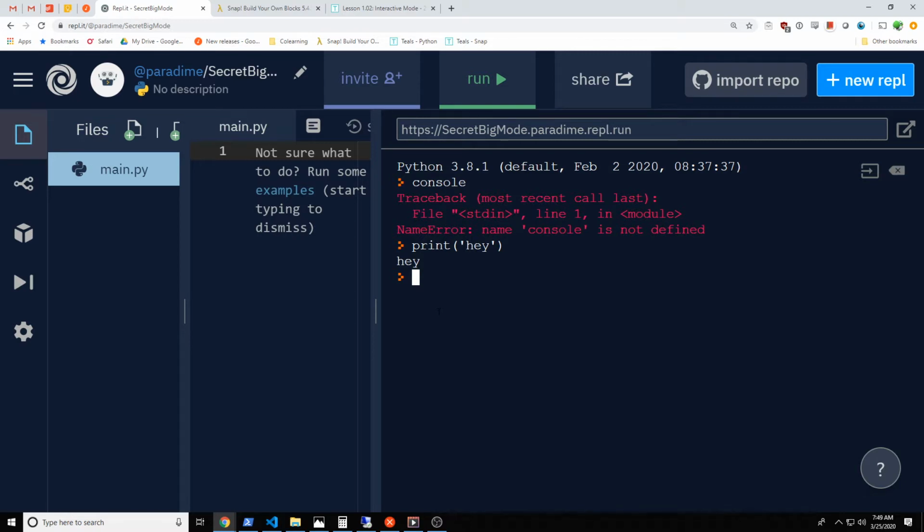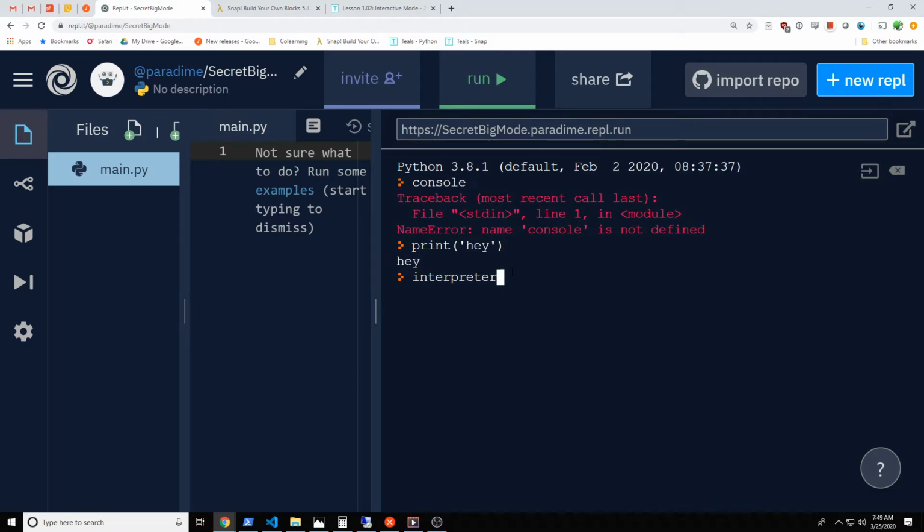So what actually understands this code and knows to put the word hey? It's not the console. The console is just our way of interacting with this magical thing, and that magical thing is called an interpreter. The interpreter just interprets code.